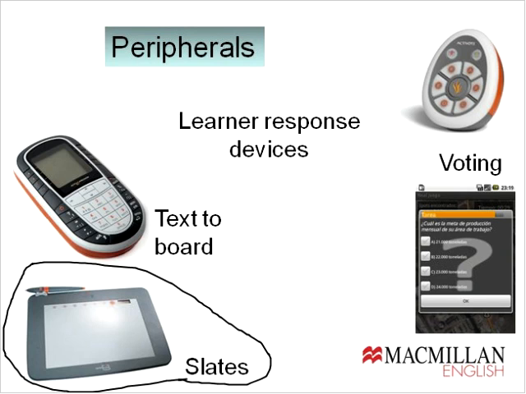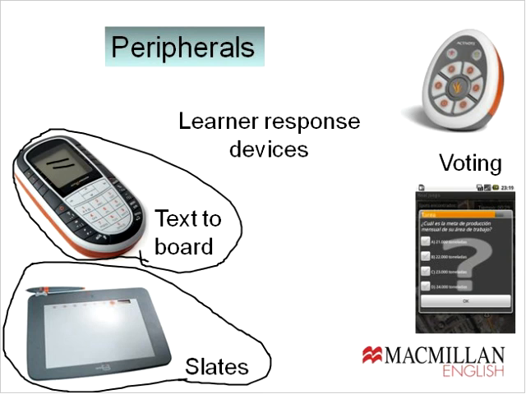You can also, of course, pass the slate from student to student, which is really nice. You can use wireless to text what you type in here straight to the board. So if you ask your students to spell something, they can text that to the board and their spelling will appear on the board.